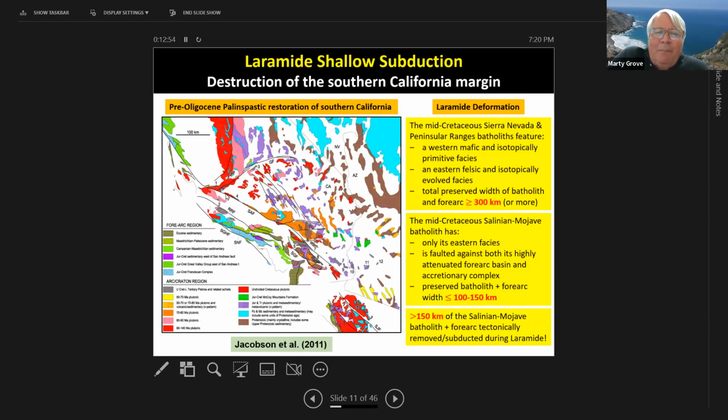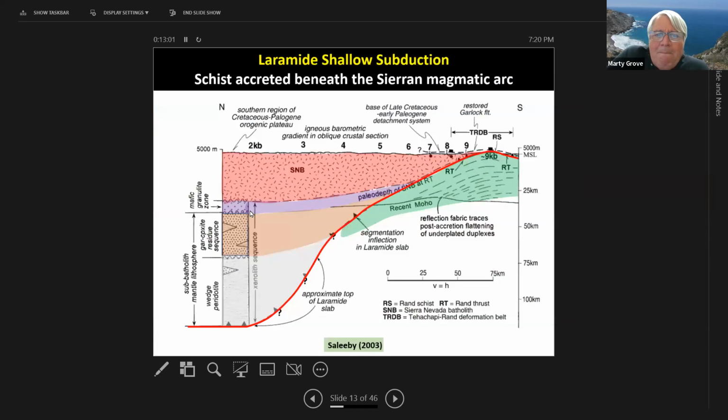So again, this is a palinspastic restoration of the Southern California region. And this is an interpretive cross-section from the Sierra Nevada, going from north on the left side of the diagram toward the Mojave region in the south.